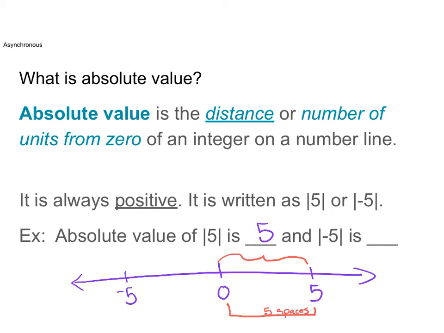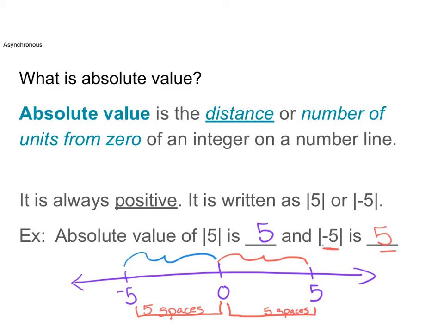Okay, now let's look at the absolute value of -5. So go to -5. What's the distance between 0 and -5? Well, again, it is 5 spaces. Okay, so the distance is 5. So the absolute value of -5 is a +5.